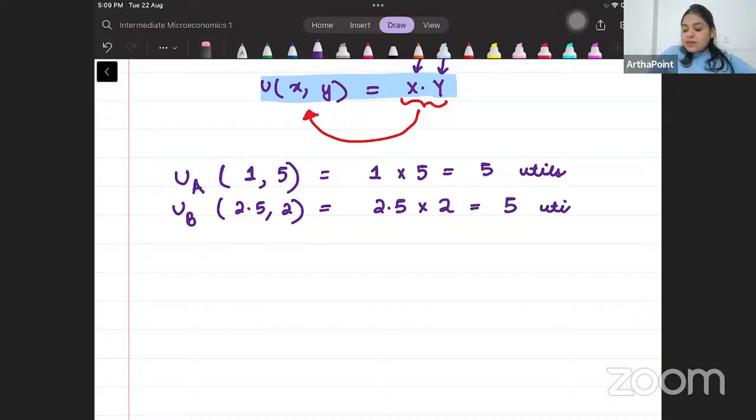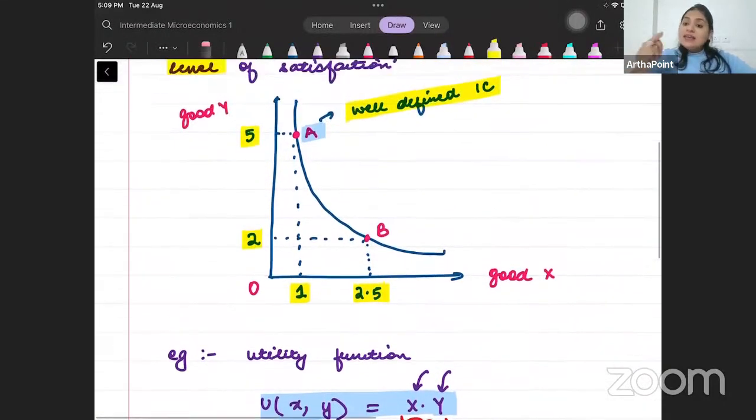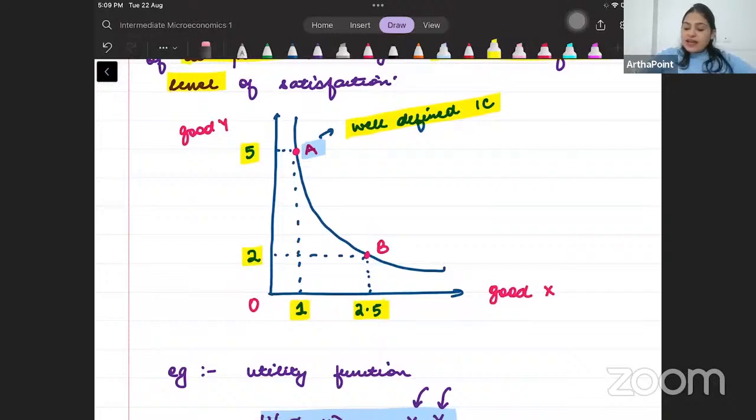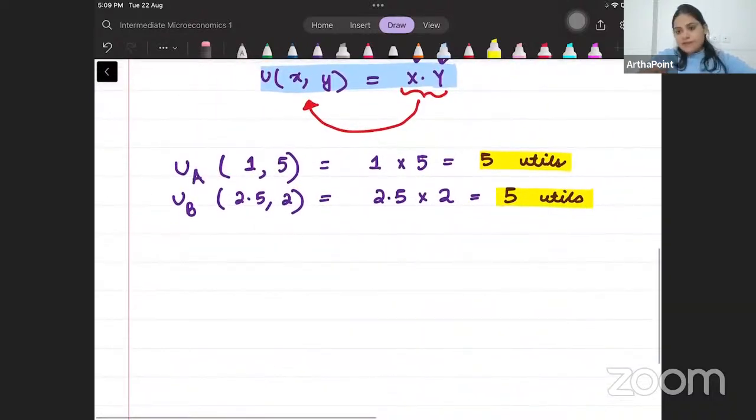So what do I see? I see that I am getting the same level of satisfaction. Both of these bundles are giving me 5 utils each. Because they are giving me the same level of satisfaction, I can say that A and B are 2 points between which I am indifferent.